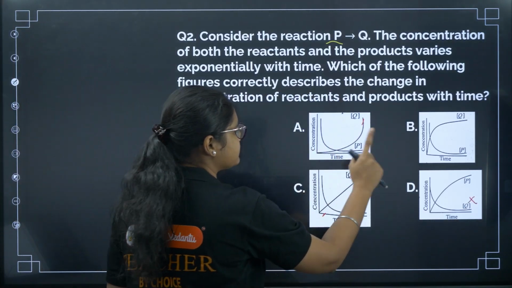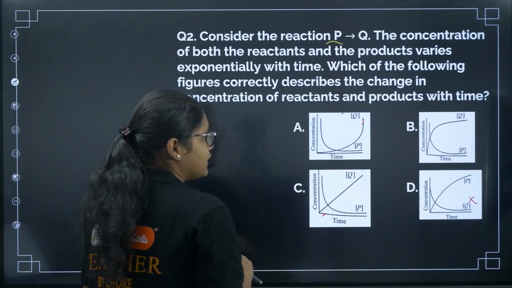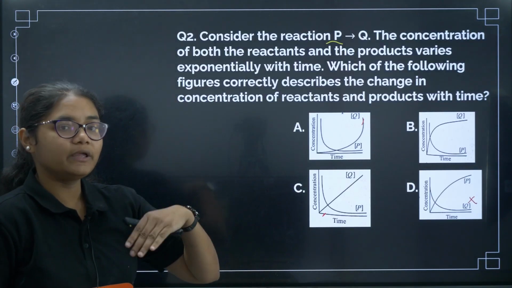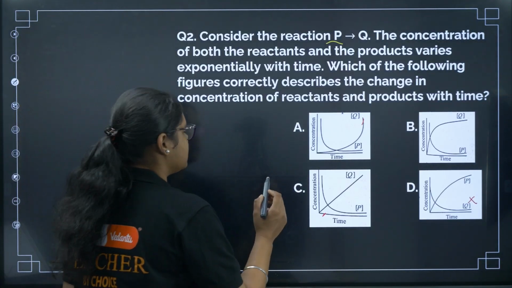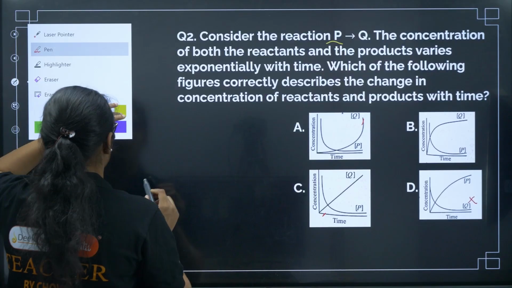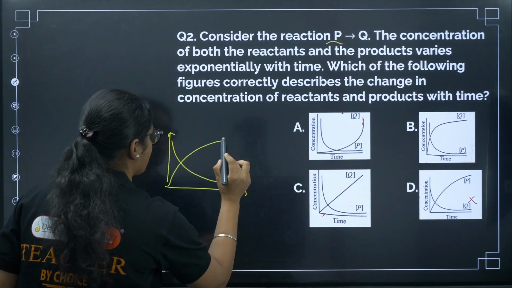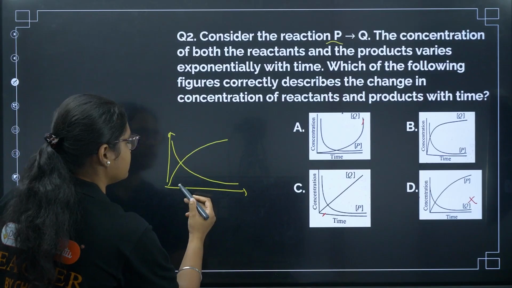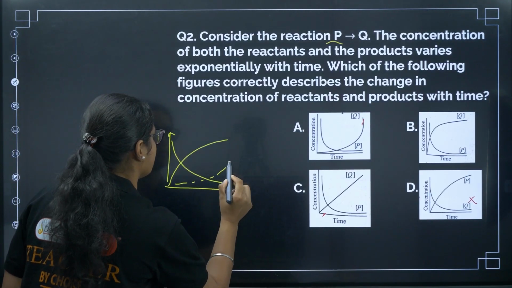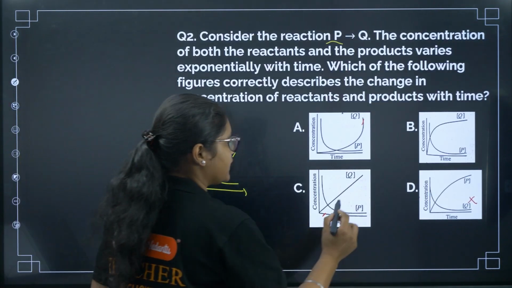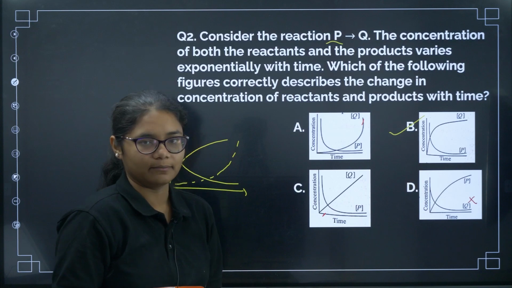Now coming to these two options, right? As the graph is growing exponentially, the graph for this one will be in this form. Okay, exponential graph. So for reactant it is in this form, for product it is in this form. Okay, it is not in this form. The A option is in this form. Okay, so that is incorrect. So the correct answer for this question is option number B.